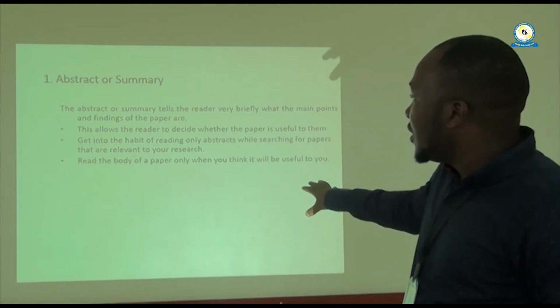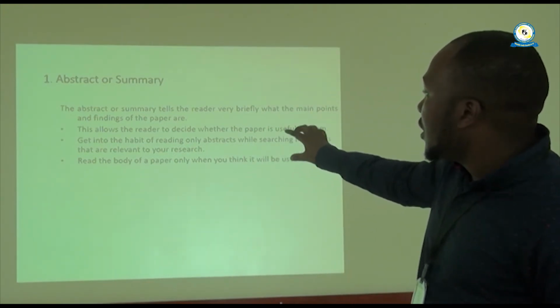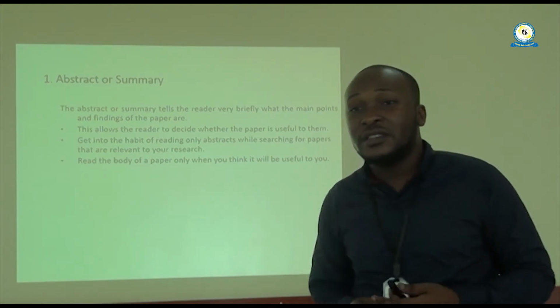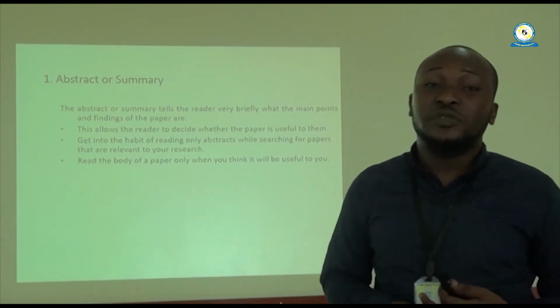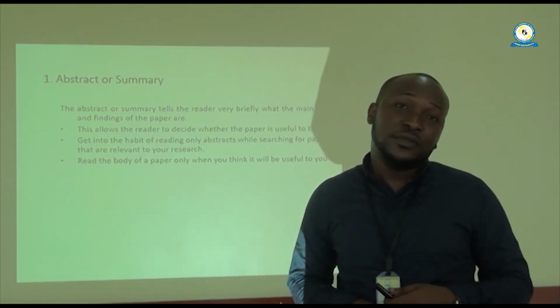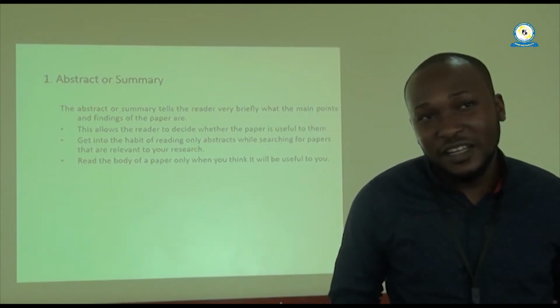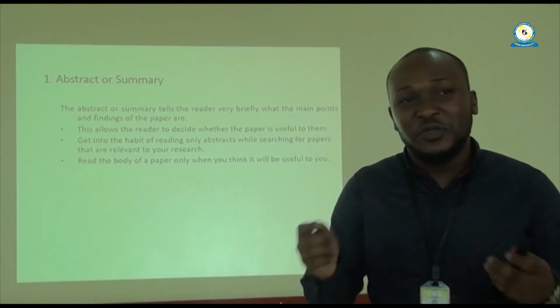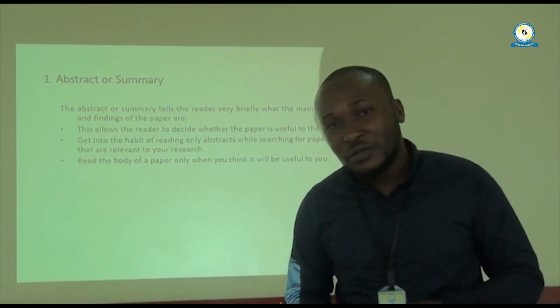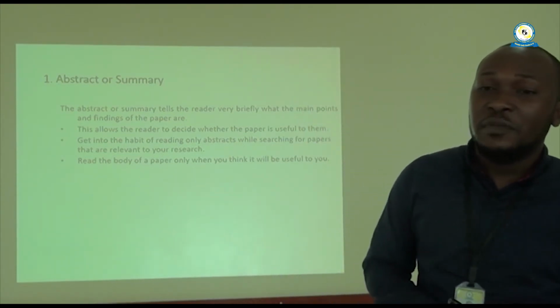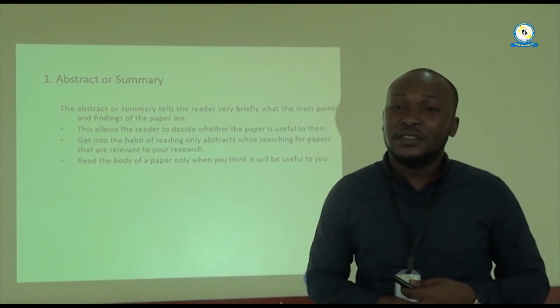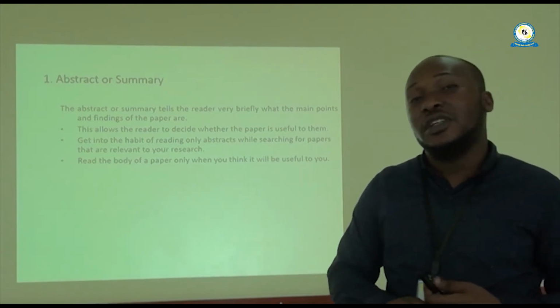So here you can see this allows the reader to decide whether the paper is useful to them. When someone reads your abstract and finds this paper is not good for me, it's not what I want to know. Get into the habit of reading all the abstracts while searching for papers that are relevant to your research.